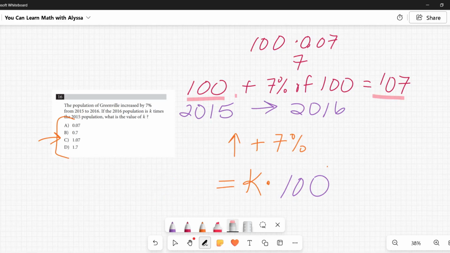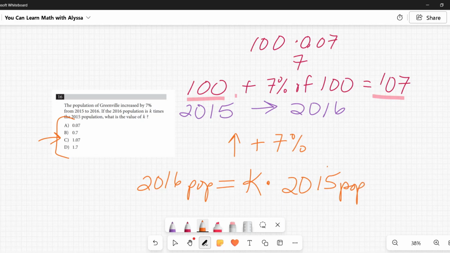Let's look at this. And actually, I'm going to go back and we'll do the same sort of thing with the 2016 population and the 2015 population. And I think understanding this is important because sometimes it's not the easiest thing to plug in real numbers for it. All right, so let's go back and look at the top.